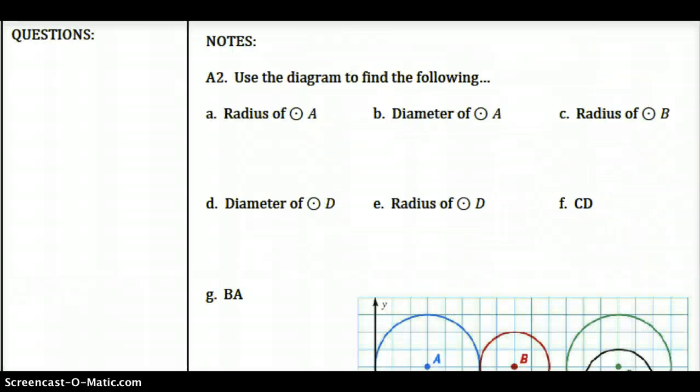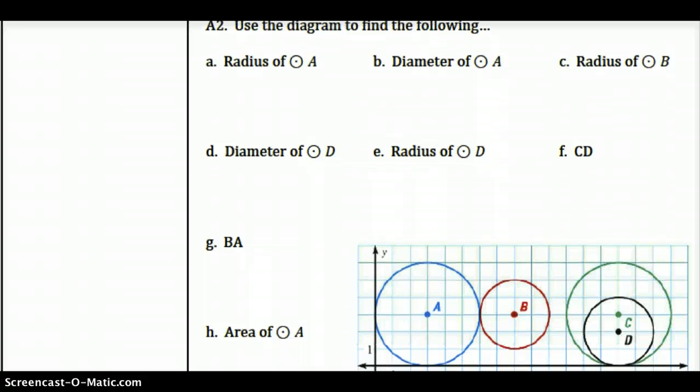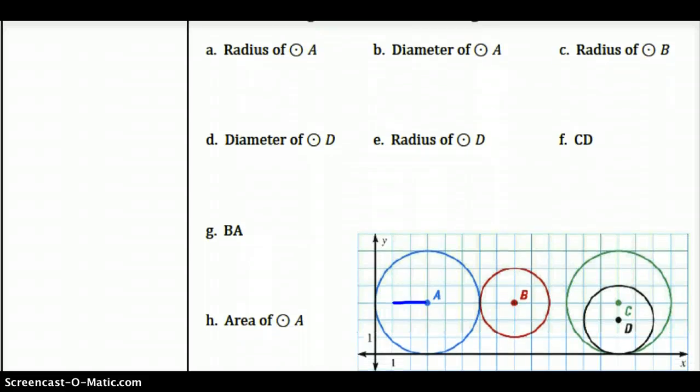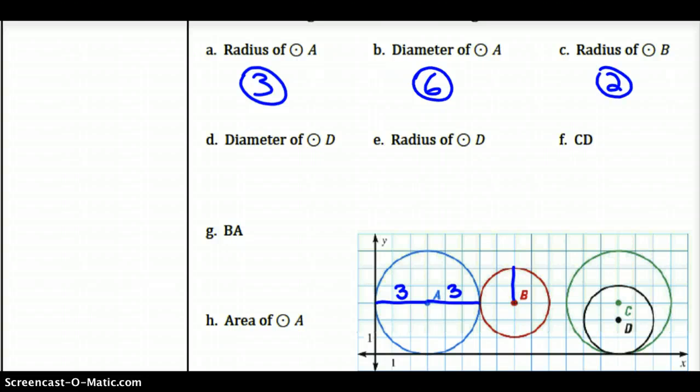Some more problems here. We use the diagram here. The radius of A is 3. The diameter is going to be 3 this way as well, so that's 6. The radius of B, I could go up, that's 2. The diameter of D, it looks like 2. Oh, actually that's 4. I didn't go all the way across. So it's 2 here and 2 here, so the radius is 2.